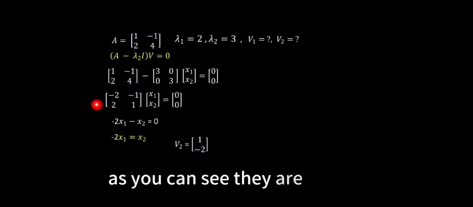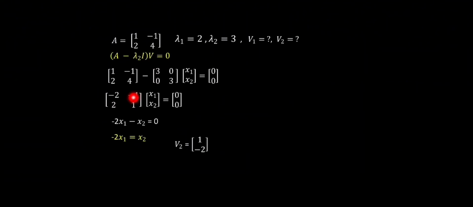As you can see, each row is similar, so we just pick one. -2 times x1 is -2x1, and 1 times x2 gives x2, so -2x1 = x2, because we move it to the right side and change the sign.